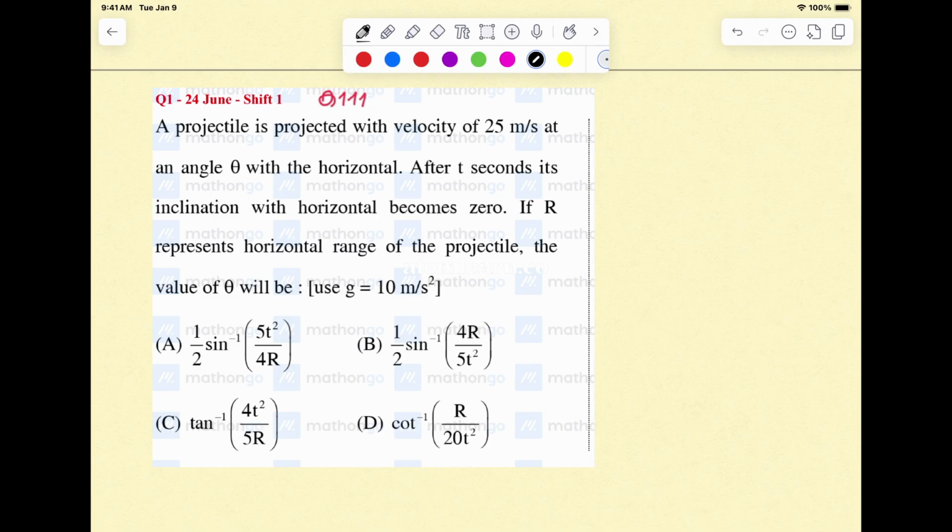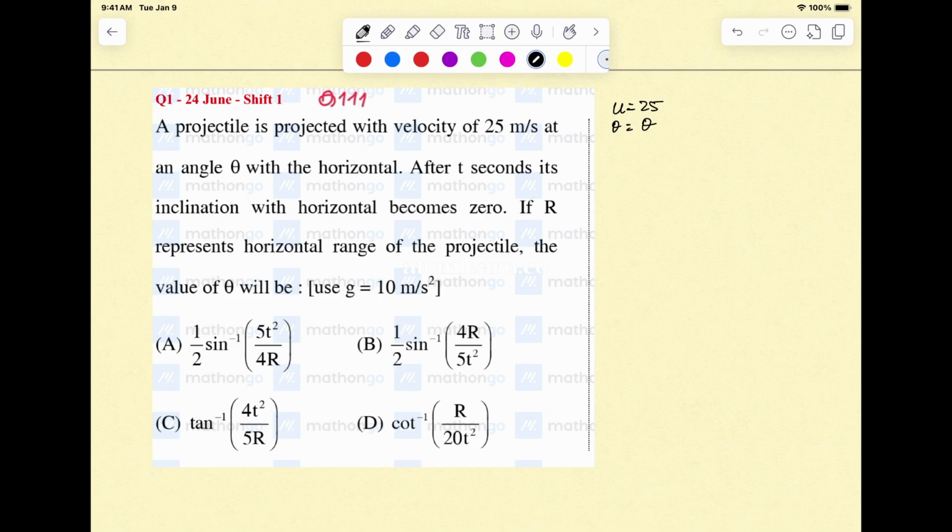Read this question. A projectile is projected with a velocity of 25 meters per second at an angle theta with the horizontal. U is given as 25, theta is given as theta only. After small t seconds, its inclination with horizontal becomes 0. Inclination with horizontal becoming 0 means it is at the topmost point.